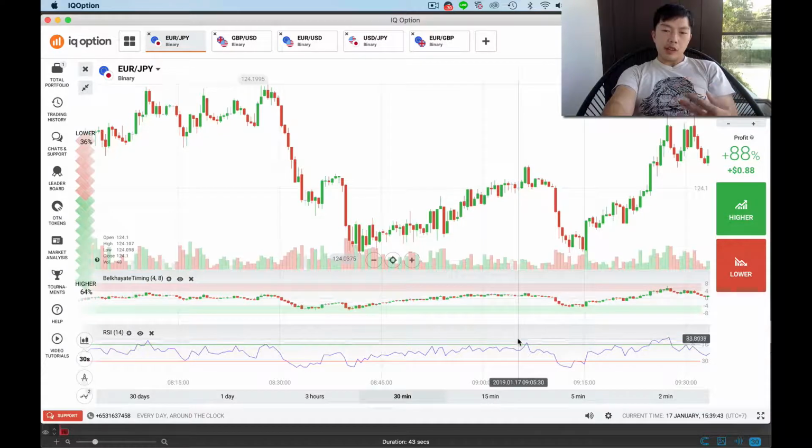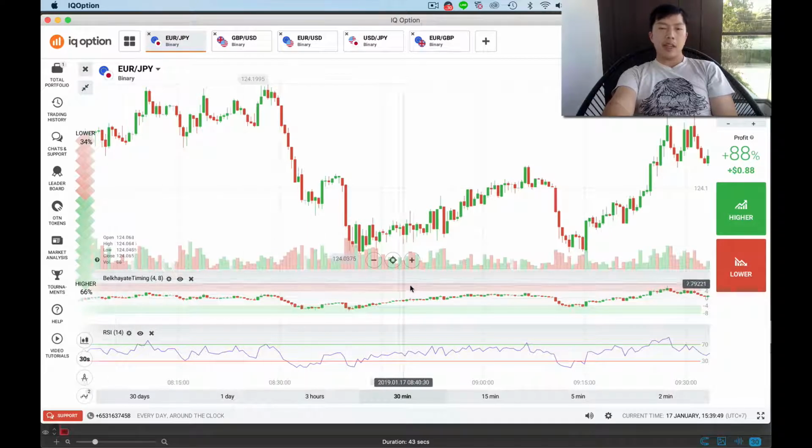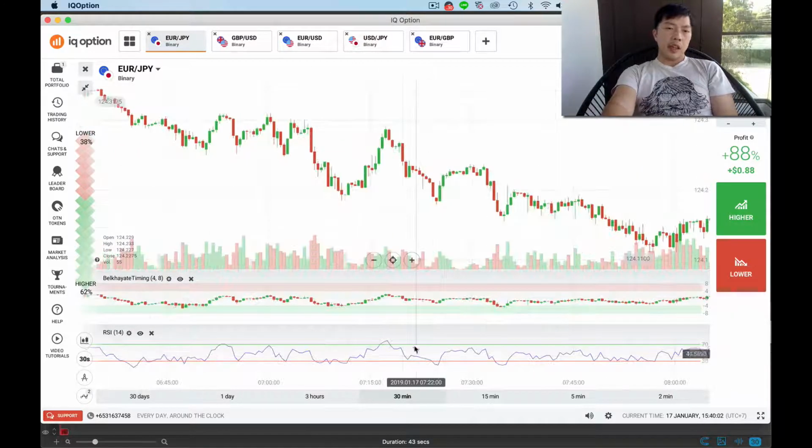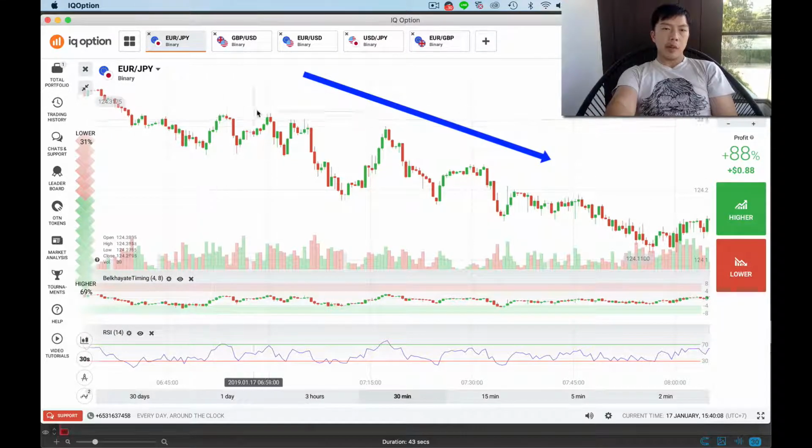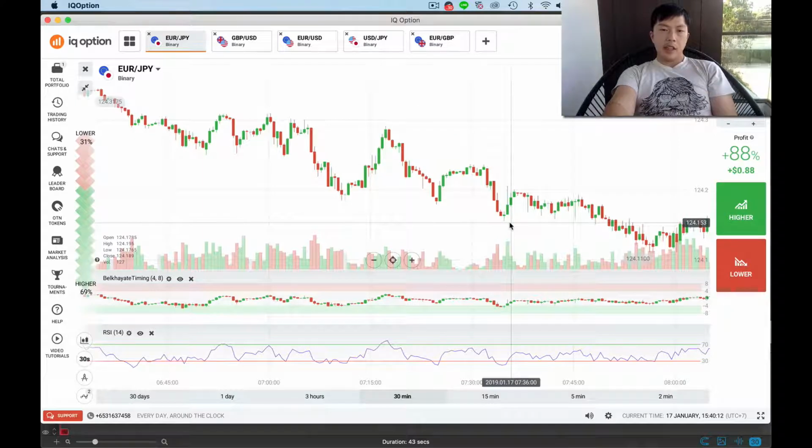So you can actually address that problem by using an indicator over here, the IQ Timing, and that is what it does. If you're trading with the trend, we know this is a downtrend, I'll be going for puts, and that will be perfectly fine. But the problem comes in when you're trying to take trades against the trend, and it does not always work out as nice as this.